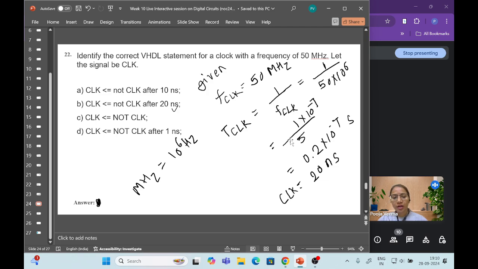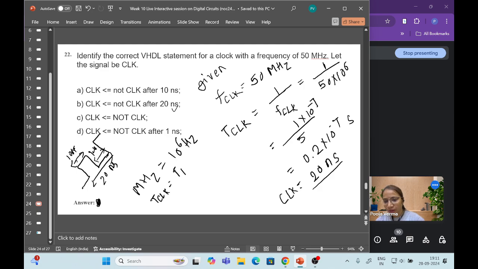For any signal, if the overall clock period is given, it covers low as well as high, right? For one period it is given 20 nanosecond. That means 10 nanosecond is allotted for high level and 10 nanosecond for low level. That means T clock is equal to T high plus T low.